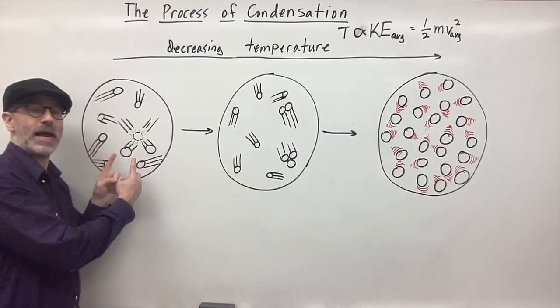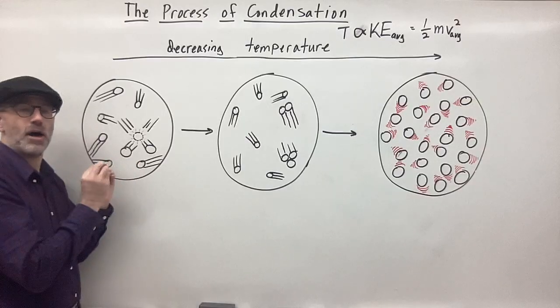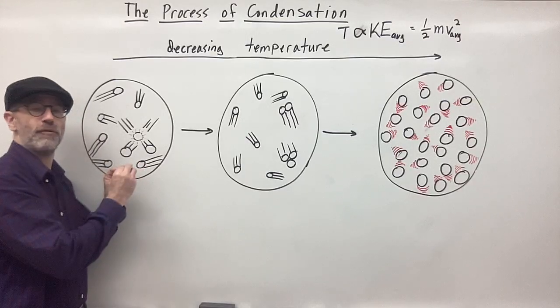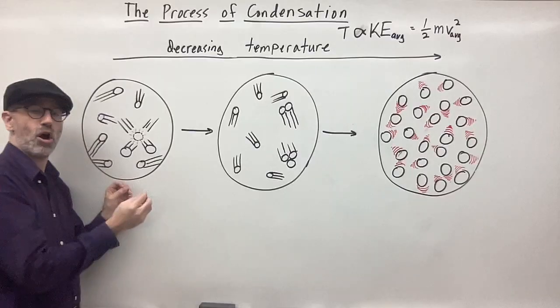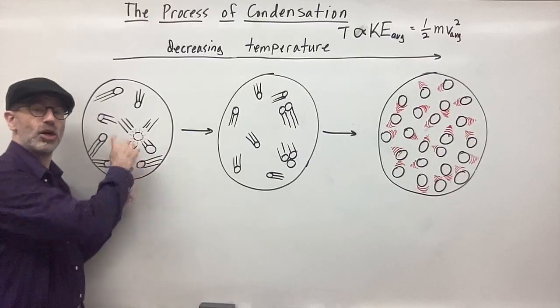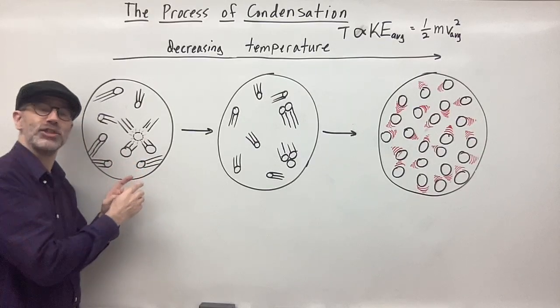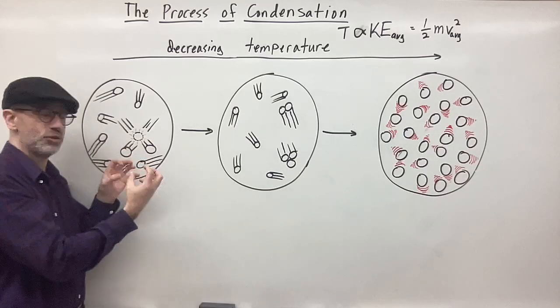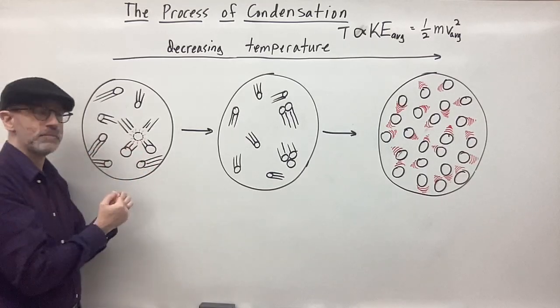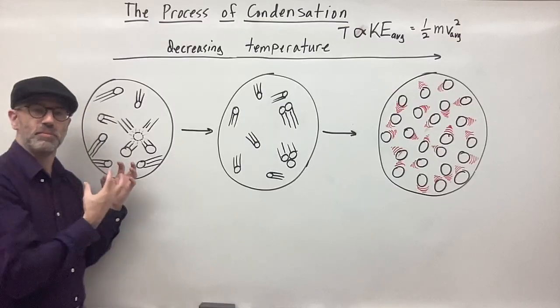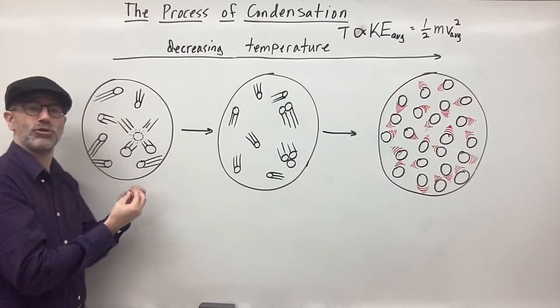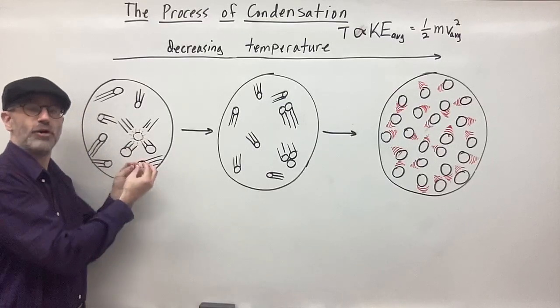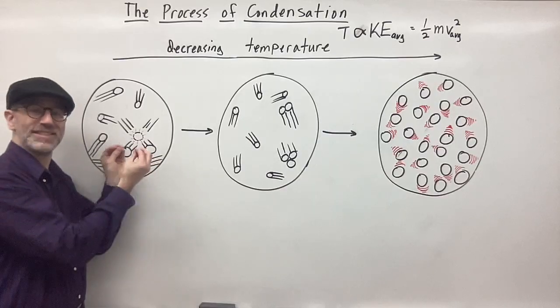When they collide, the collision is so fast and so strong that the intermolecular forces don't really have a chance to interact and stick them together. They don't have time to attract long enough for the particles to stay together.